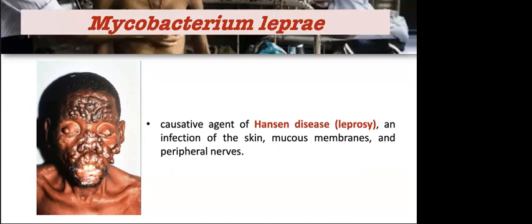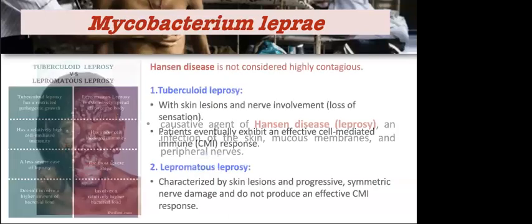Leprosy is a chronic disease of the skin, and it will also affect our nerve tissues. Leprosy actually remains a worldwide public health concern as a result of development of drug-resistant isolates.